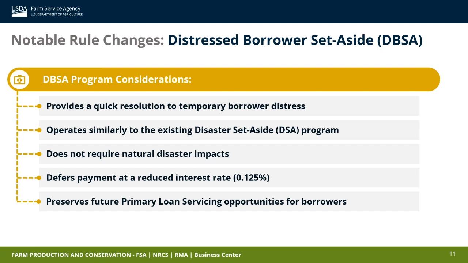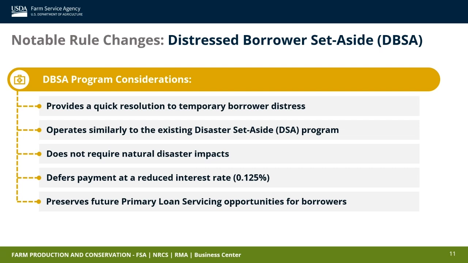That's where FSA has provided for relief of temporary financial distress by deferring an upcoming installment to the end of the loan, at loan maturity. That's been a popular option for folks to cure short-term financial distress, but it's only opened up historically for those who have been impacted by a natural disaster.